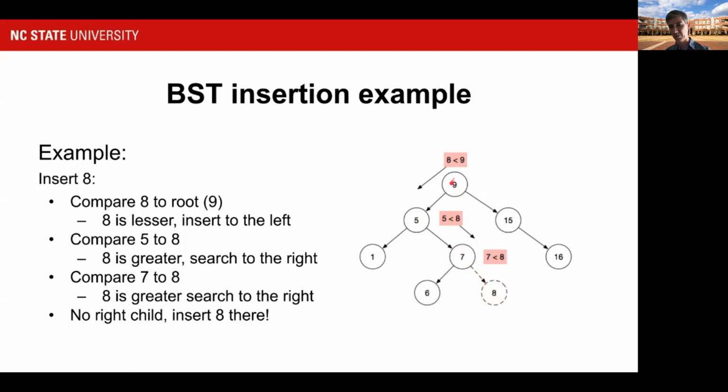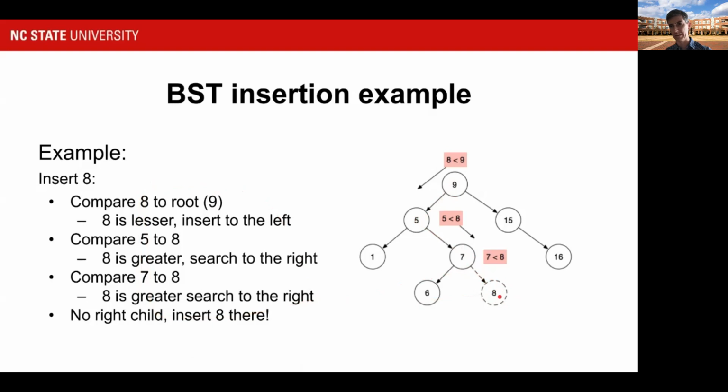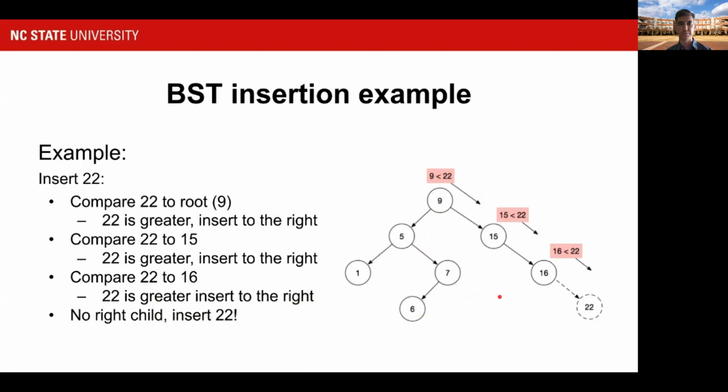The search would have sent us down this path, and then we capitalize on that and just add 8 to be the right child of 7. What I've written over here just summarizes this process. Since there's no right child on 7, we can just insert 8 at that location.